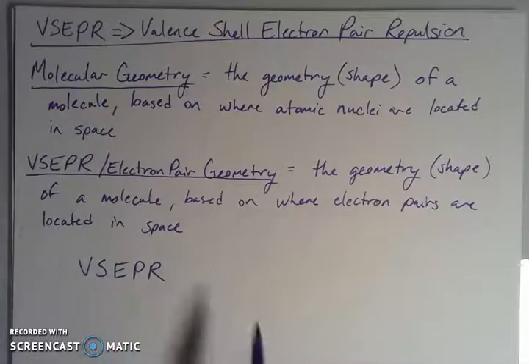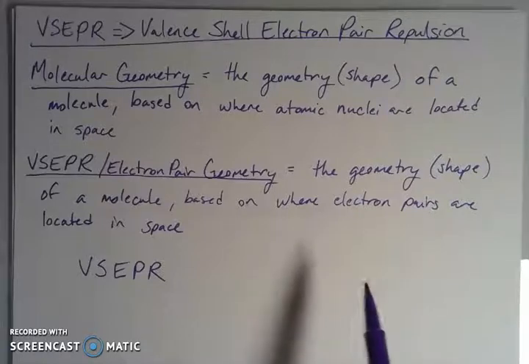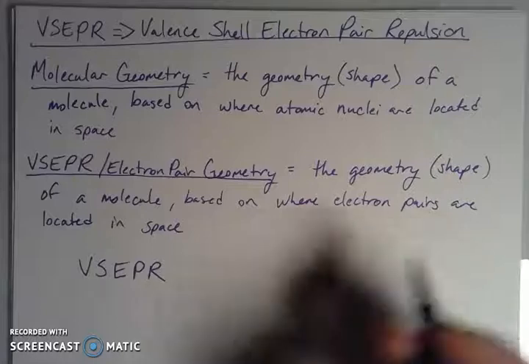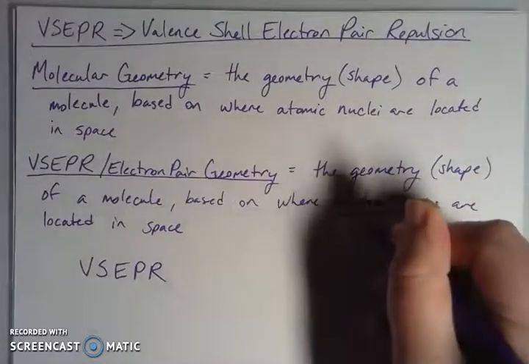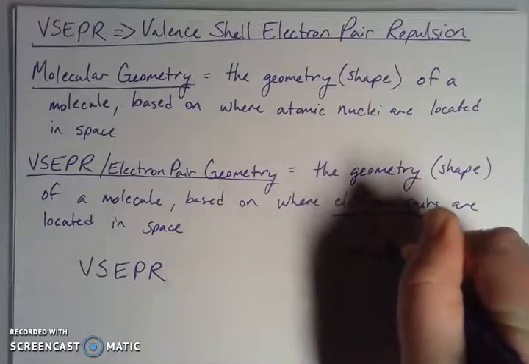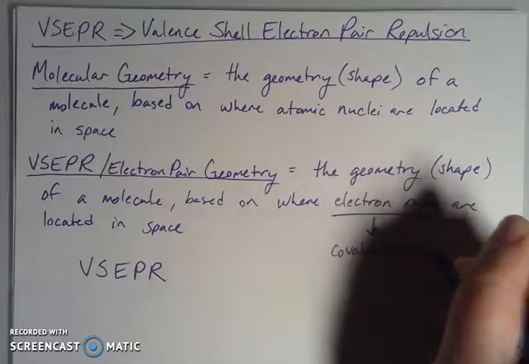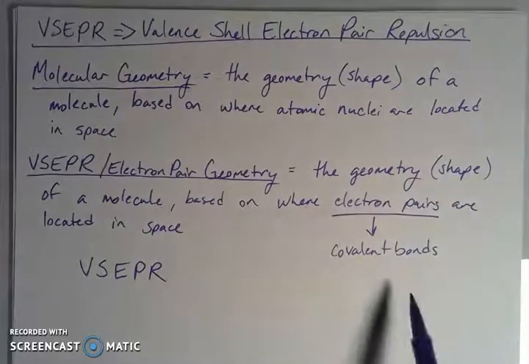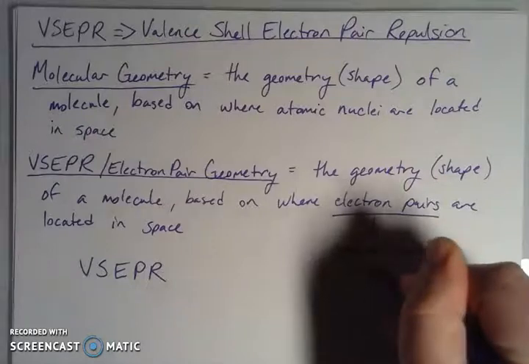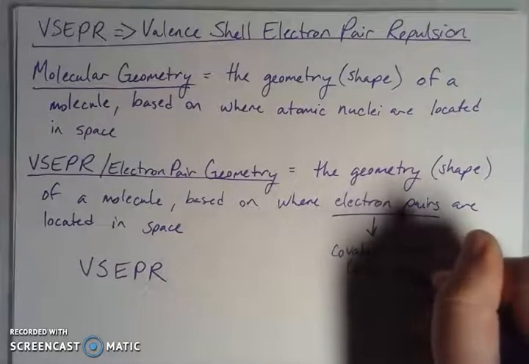Now the VSEPR geometry, or the electron pair geometry as it's sometimes known, is the shape of a molecule that's based on more than just where the atomic nuclei are, but based on where the electron pairs are. And so I'd like to define electron pairs here as not only the covalent bonds, because they are, so atoms that are covalently bonded to a central atom, and these could be single, double, or triple bonds.